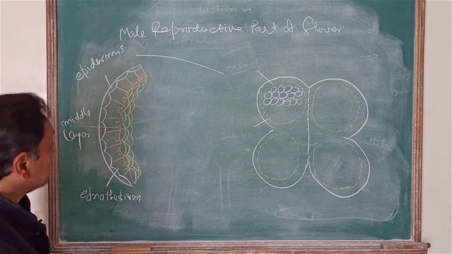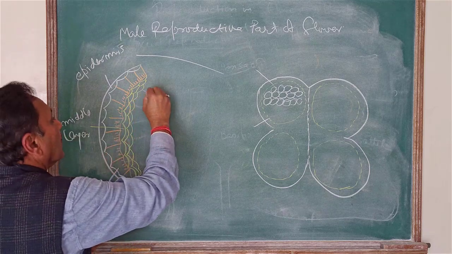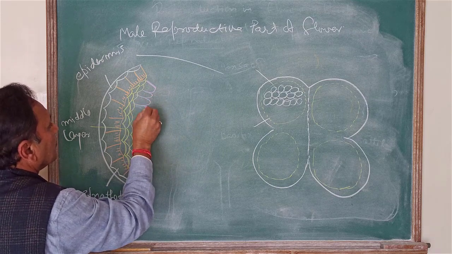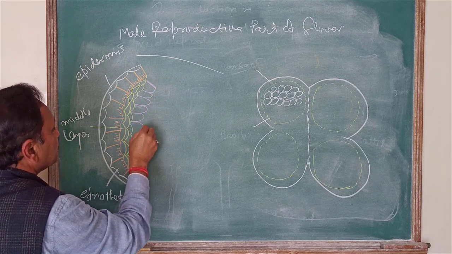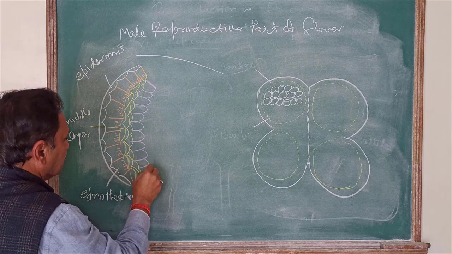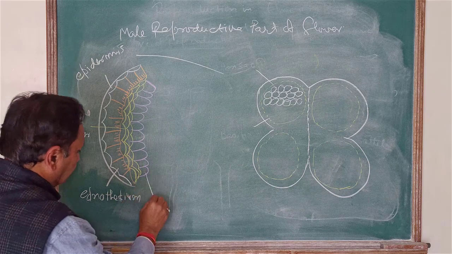Below this middle layer, a club-shaped, single layered thick structure is found, and this is called tapetum.